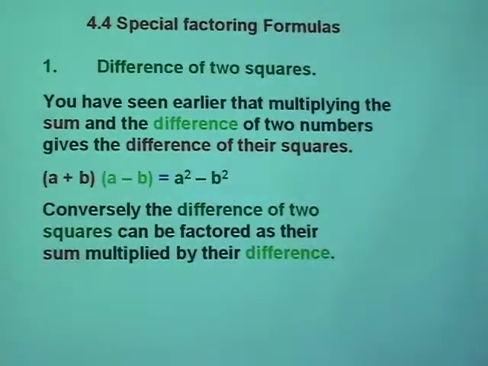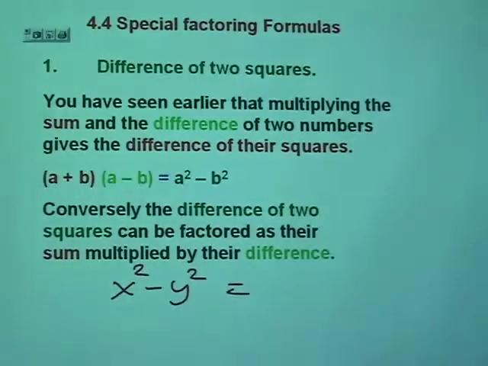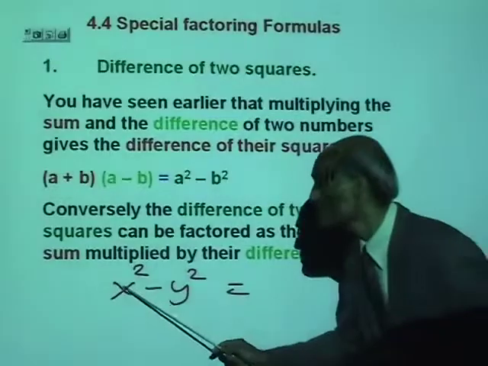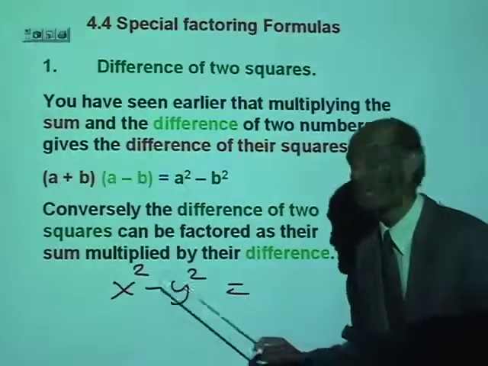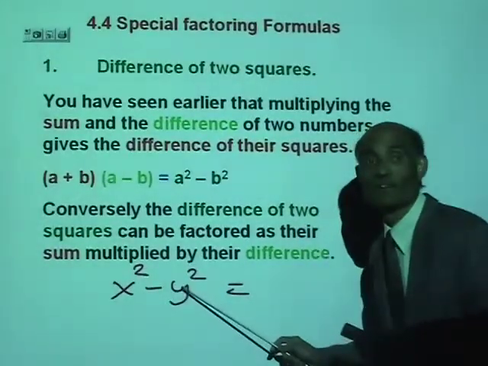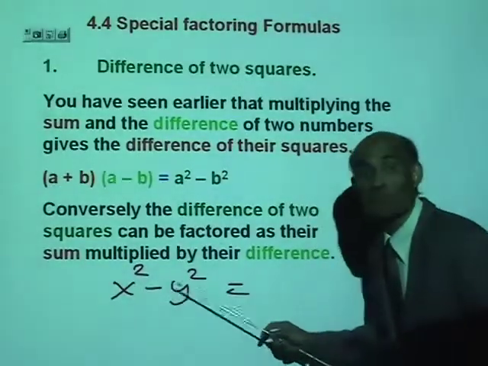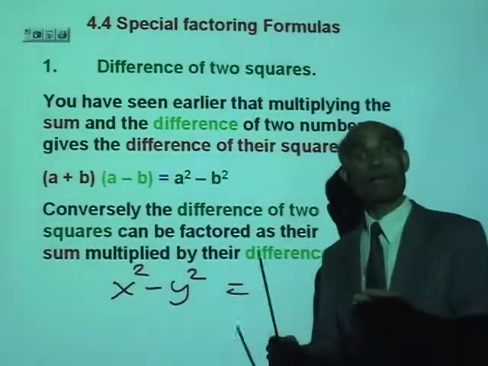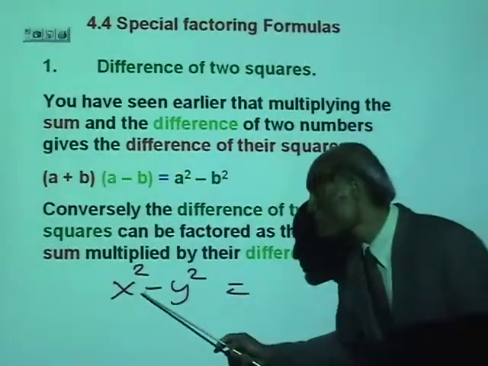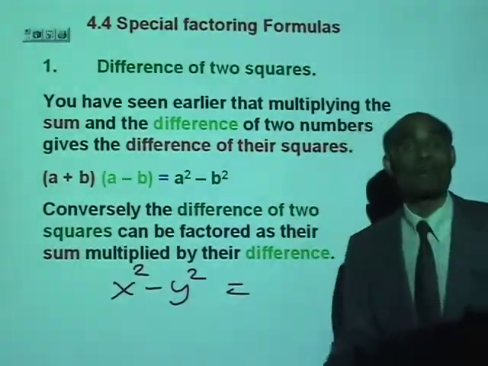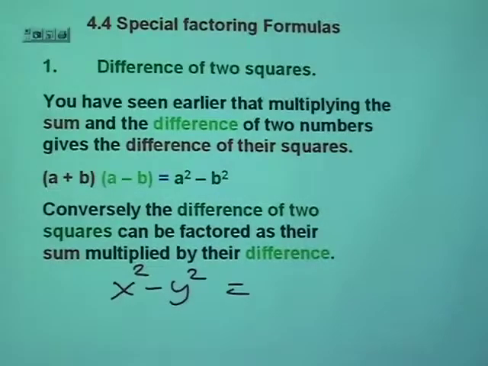In other words, if I ask you to factor x squared minus y squared, can you factor that for me? This is a difference of two squares. This can be factored as the sum of the two numbers, that is x plus y, multiplied by the difference of the two numbers, that is x minus y.